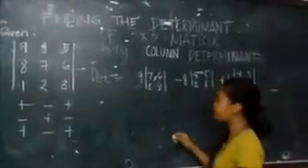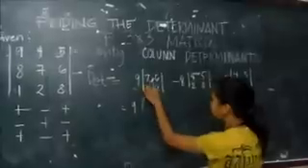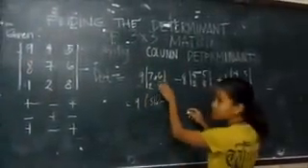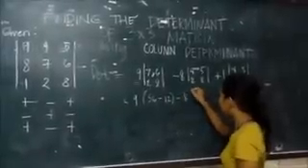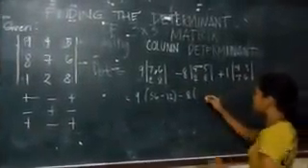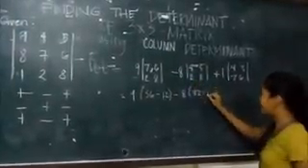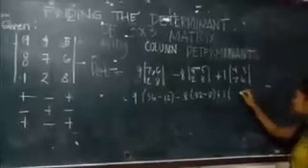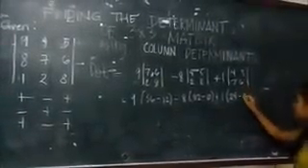And then let's simplify it. 7 times 8 is 56, minus 2 times 6 is 12, minus 8 times: 4 times 8 is 32, and 2 times 5 is 10, plus 1 times: 4 times 6 is positive 24, minus 7 times 5 is 35.